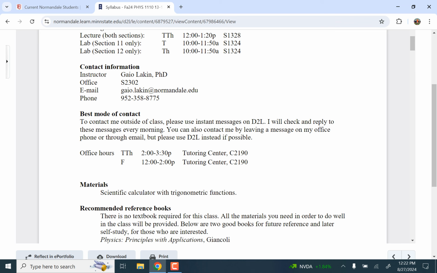My office hours are these times given: Tuesdays and Thursdays, half an hour after this class ends, and then Fridays from 12 to 2, and all that's in the tutoring center. I know people have busy schedules, but if it works for your schedule to pick one or some of these office hour times to come to regularly to work on your homework assignments, it seems to work really well for people who do that.